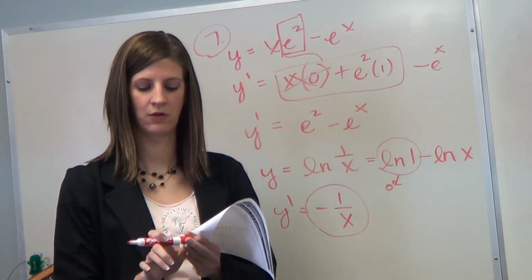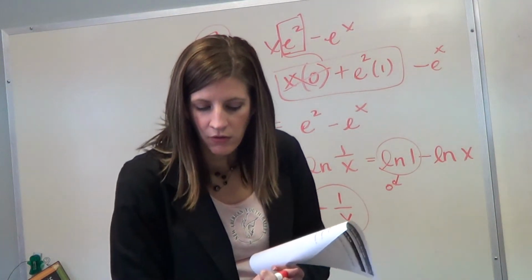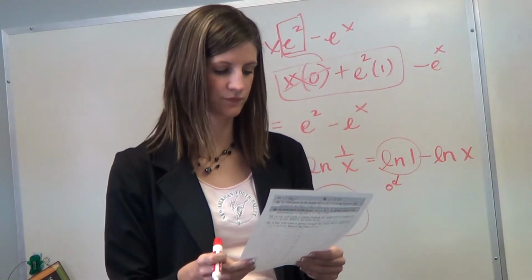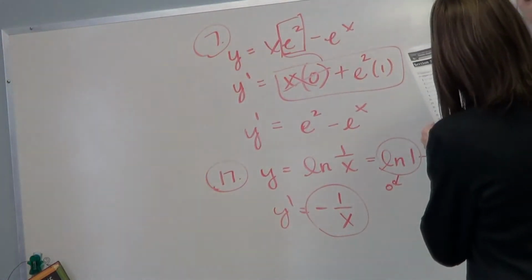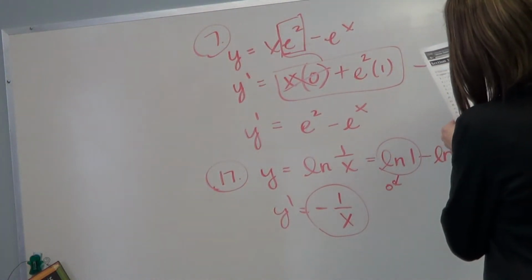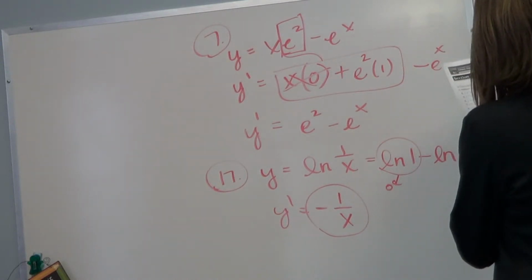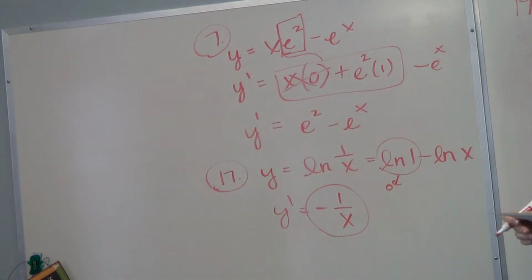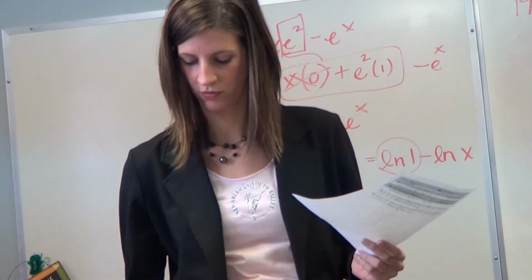19, we had it, but we were missing an x. Because I just had 1 over ln x instead of 1 over x ln x. How did you guys do it then? I had 1 over ln x times 1.